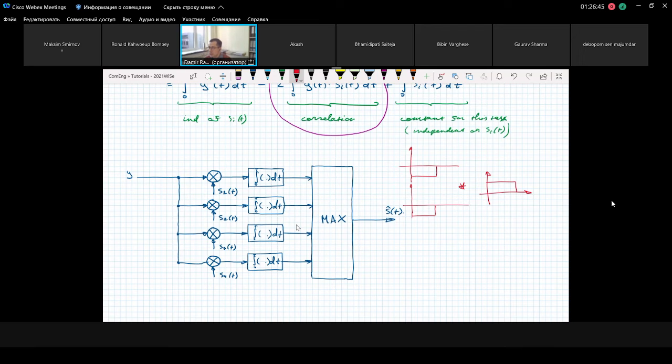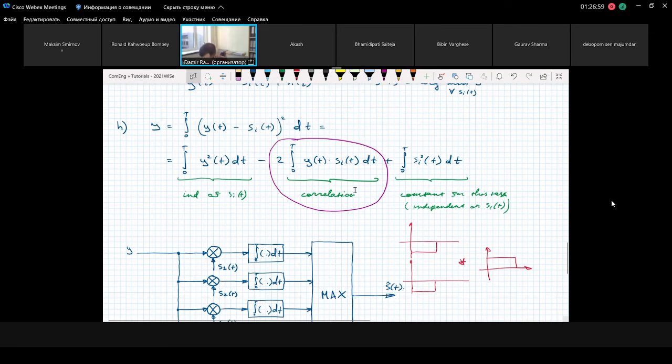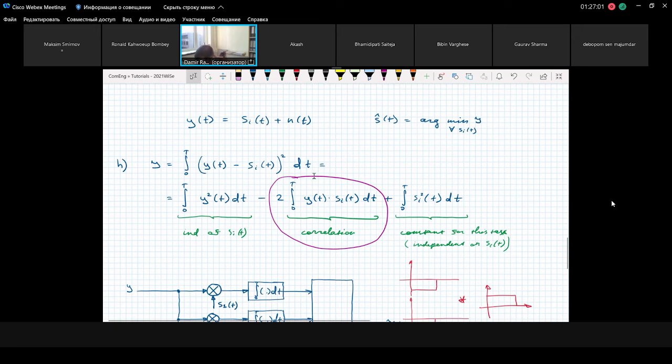So there's also a question in the chat. Could you explain it once again about the max block? Because even as argmin J, it is meaning why we take max. Yes, I mean it was the minimum of the cost function.